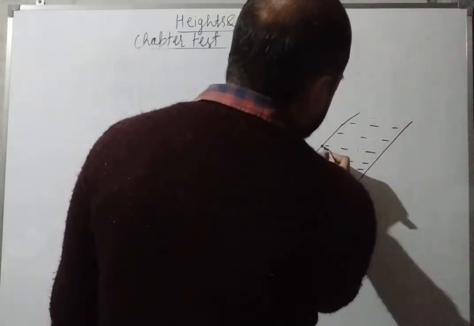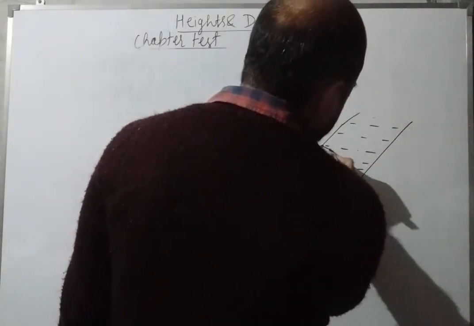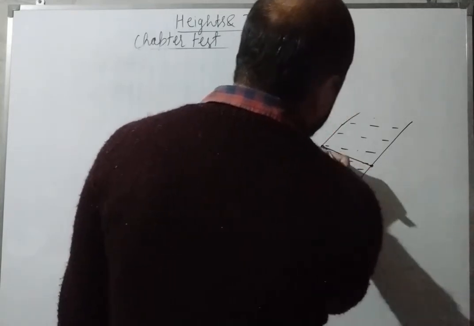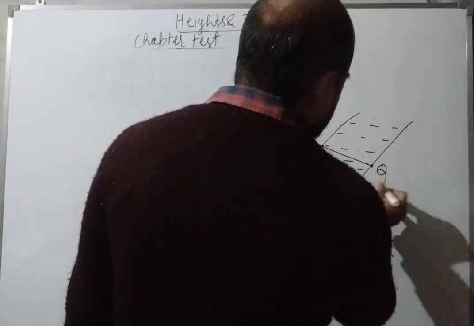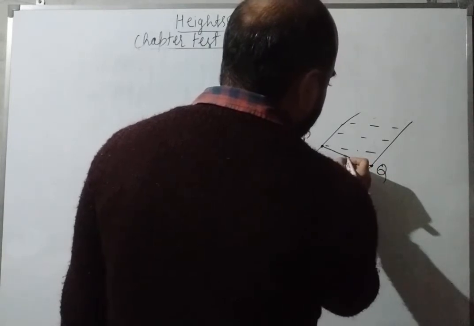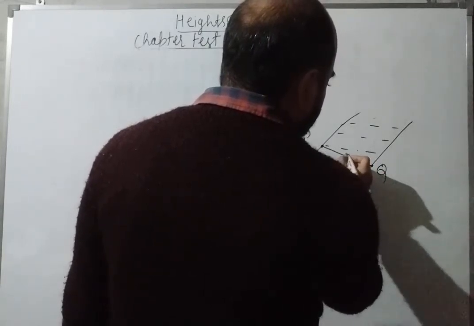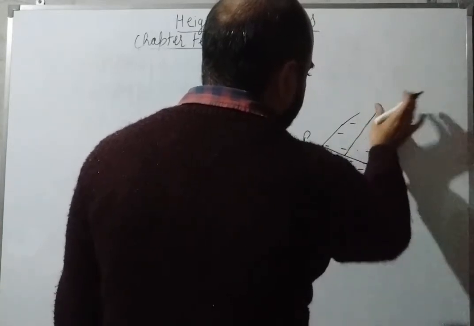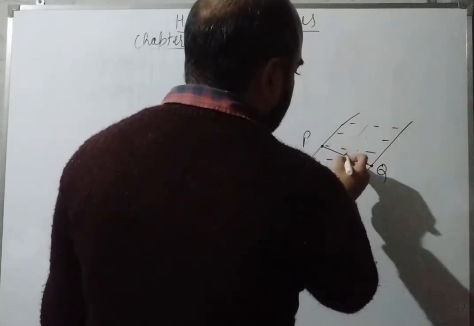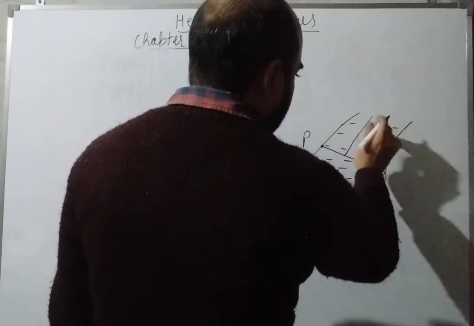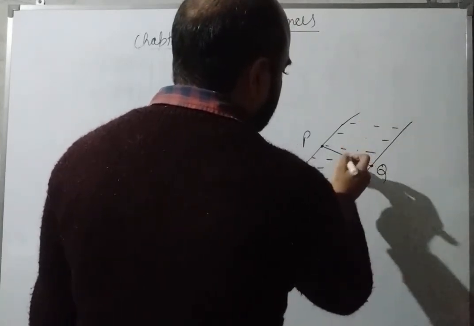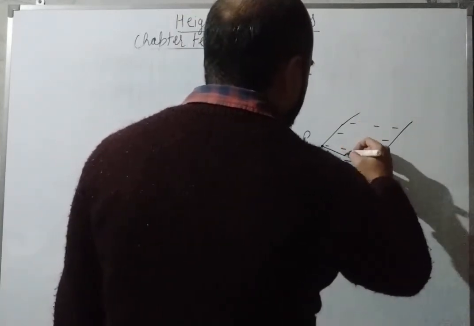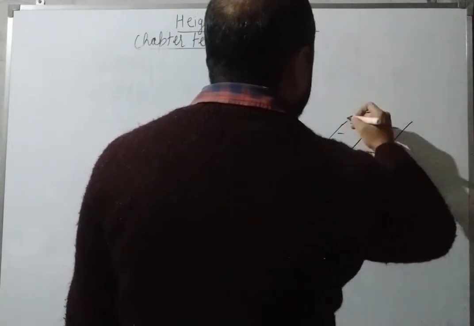It means like this. So these are the 2 points you can take, P and Q. And the tree is also in line with this. Okay, so suppose this is the tree.